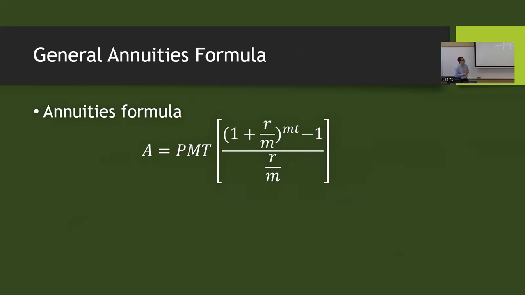So 1 plus R over M to the MT minus 1 divided by R over M times, instead of just writing the letter P, because we use P for lump sum, I wrote PMT for payment. That's how much you're putting in each month, or each year, or each week, or each quarter, whatever it happens to be. So this is the formula that we need to have with annuities.